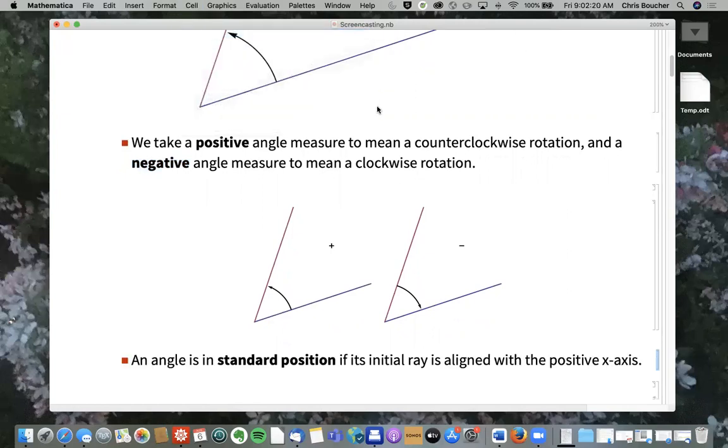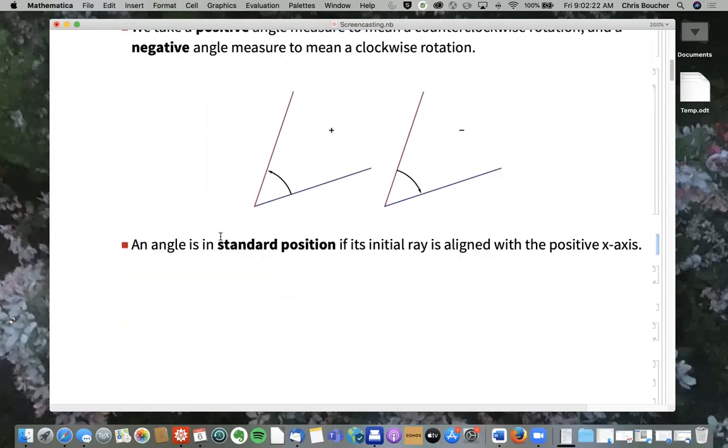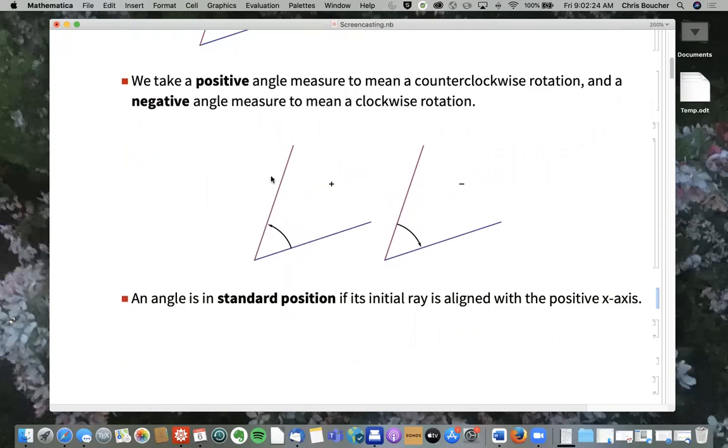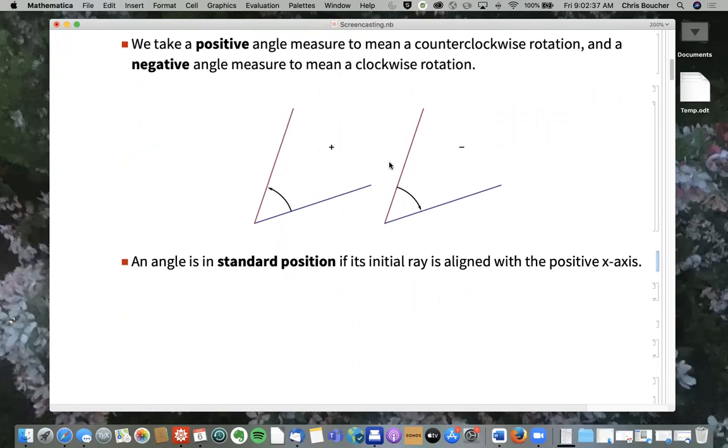We will generally put our angles in standard position, right? I could take any one of these angles and rotate it and move it around the page. As long as I don't move the blue and the purple rays closer together, I don't change the size of the angle, but this can get confusing.